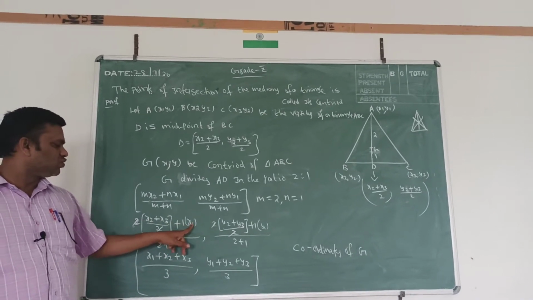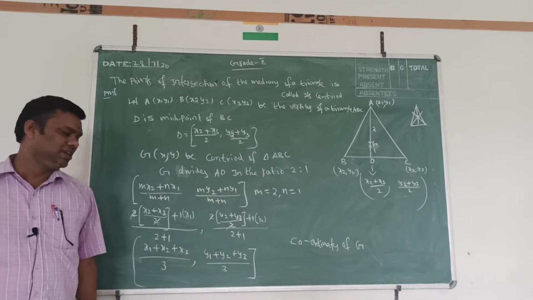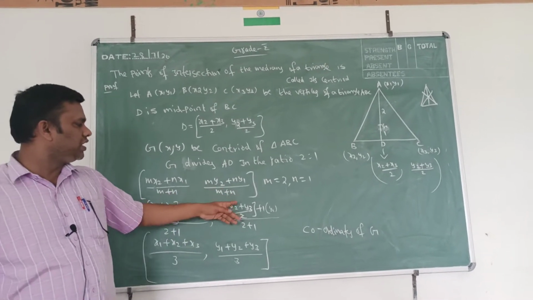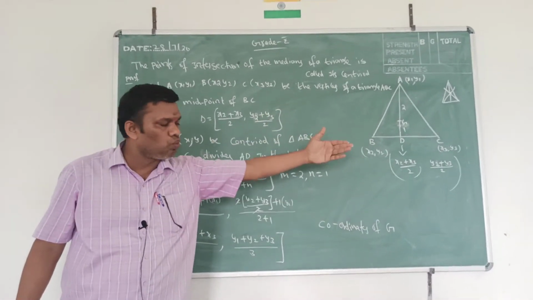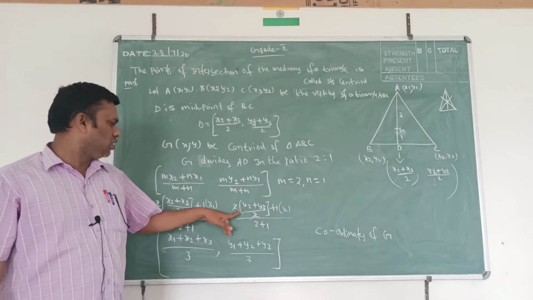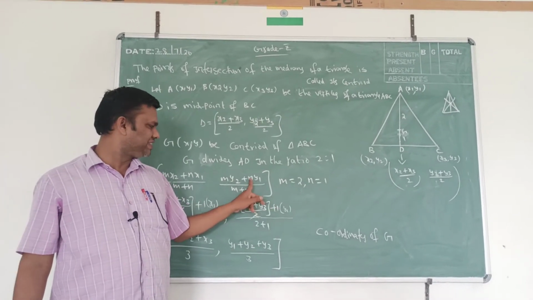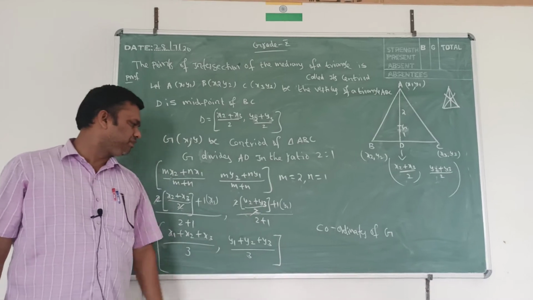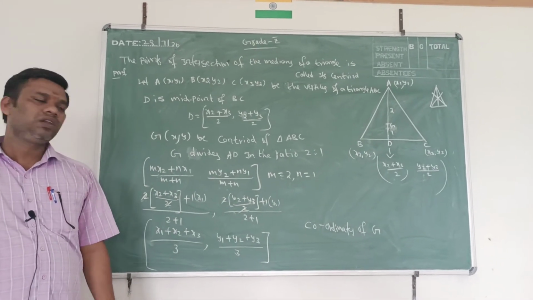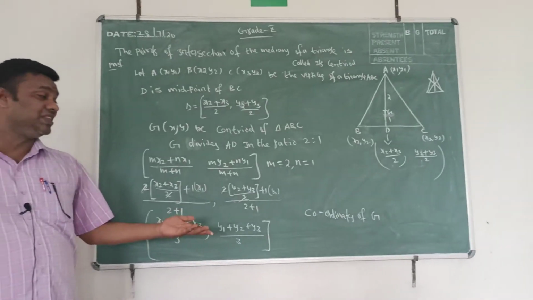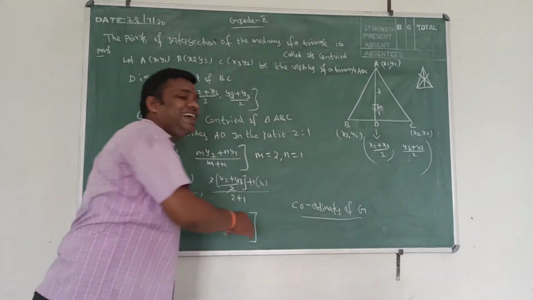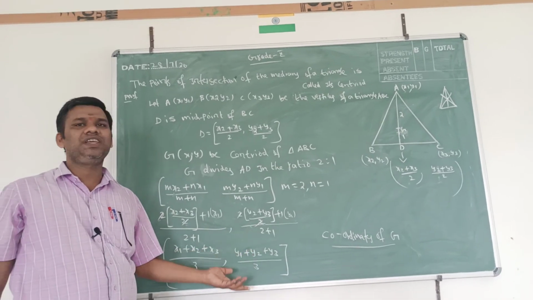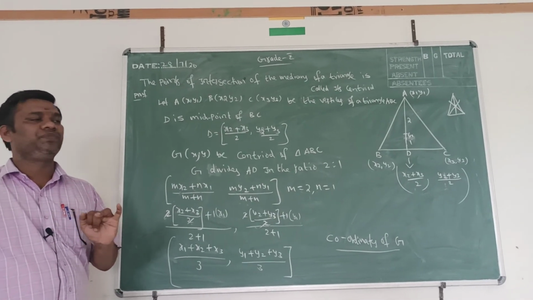So we get (x2 + x3 + x1)/(2 + 1), that is (x1 + x2 + x3)/3. Similarly for y: 2 times (y2 + y3)/2 plus 1 times y1, the 2 cancels, upon 2 + 1, that is (y1 + y2 + y3)/3. Therefore the coordinates of G are ((x1 + x2 + x3)/3, (y1 + y2 + y3)/3). It is the formula for the centroid of a triangle.